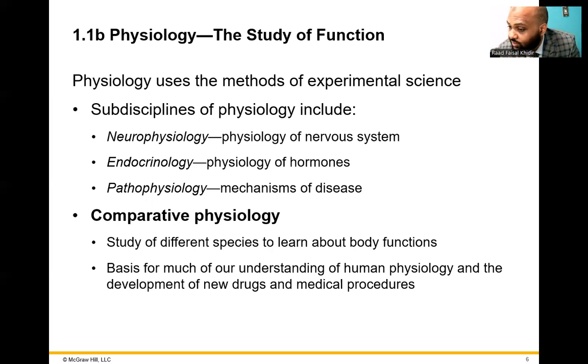Why is that useful? Because we can use the monkeys as animal models. We can test medications on them. So medications tested on monkeys will give you results that are closest to what they would be in a human being.